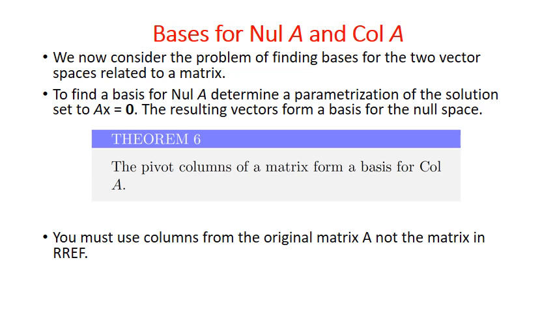So the previous example basically sums up this theorem here. It will help us find bases for two other vector spaces related to the matrix, namely Nul A and Col A. Theorem 6 says the pivot columns of a matrix A form the basis for Col A, which is what we just illustrated.